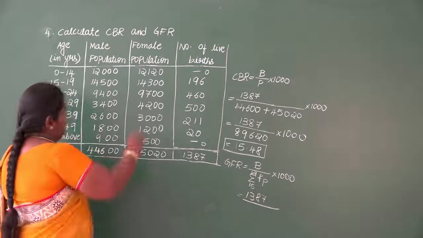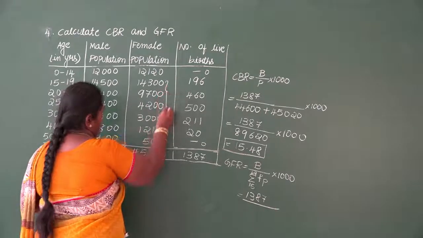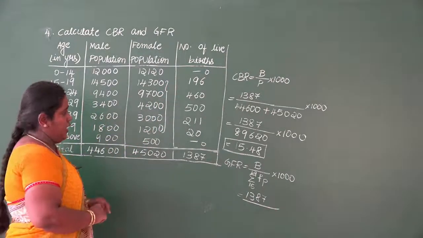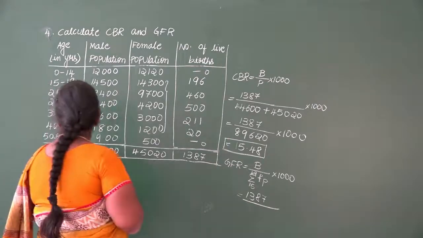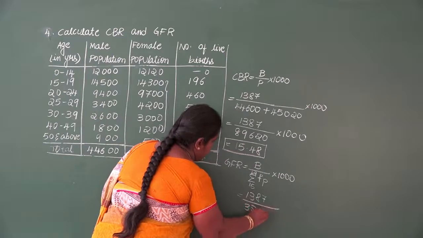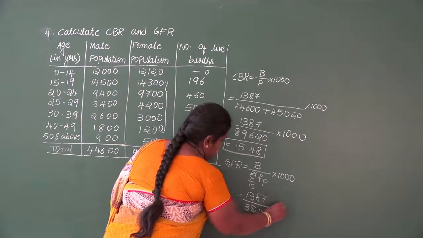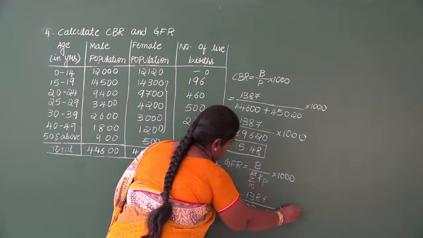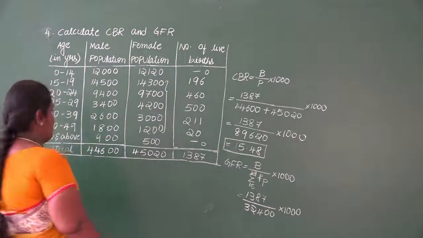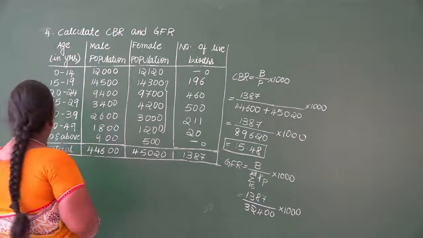So 15 to 49 is from 14,300 up to 1,200. So you have to add these values now. So the total will be 32,400. So the total of the female population of the childbearing age group, you'll get it as 32,400.